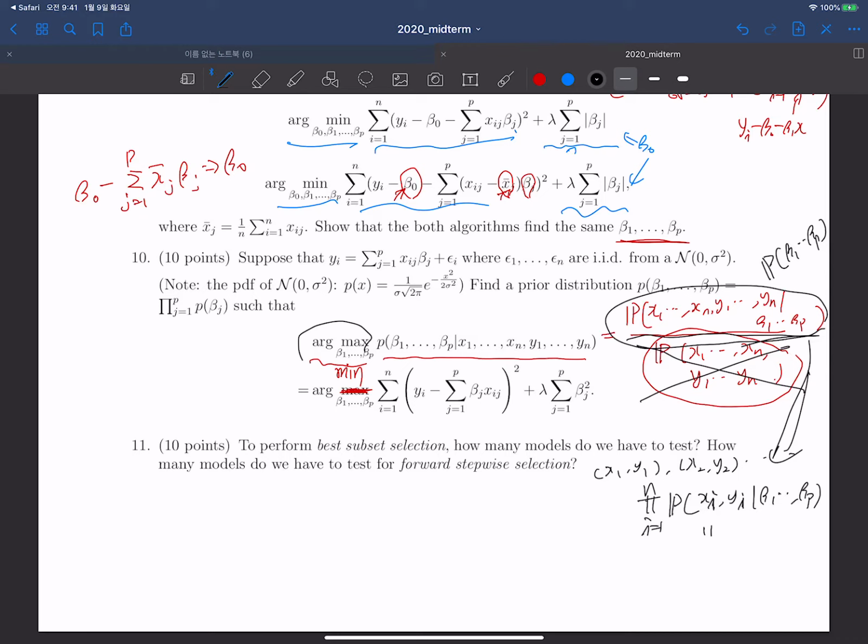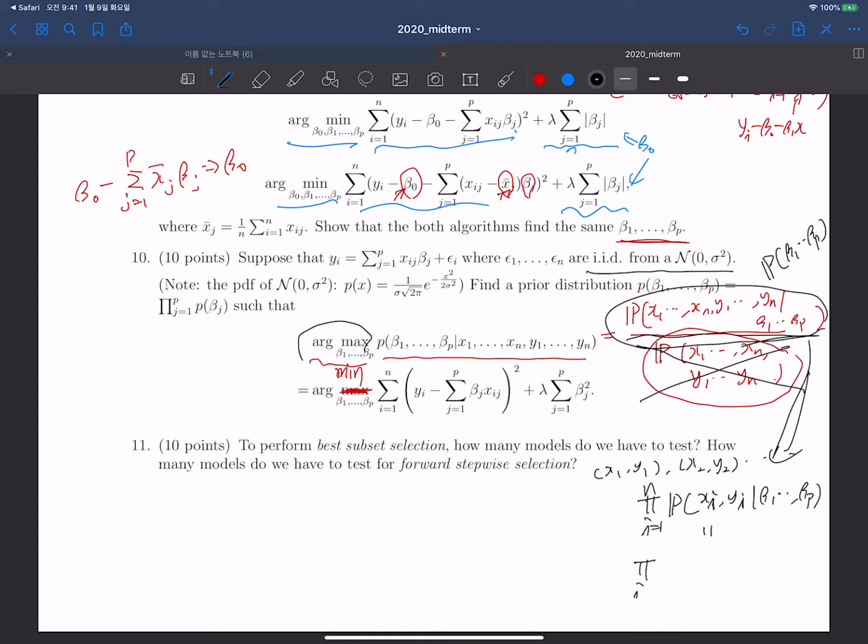Okay, and this part is equal to this, and from the definition, we have this IID and this observation.